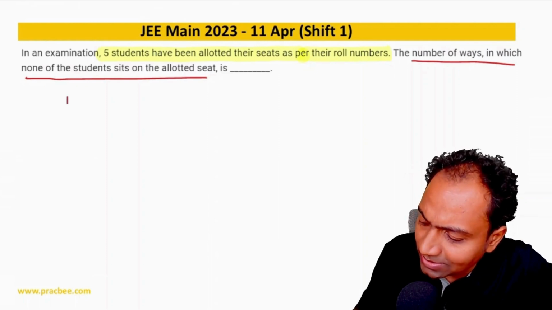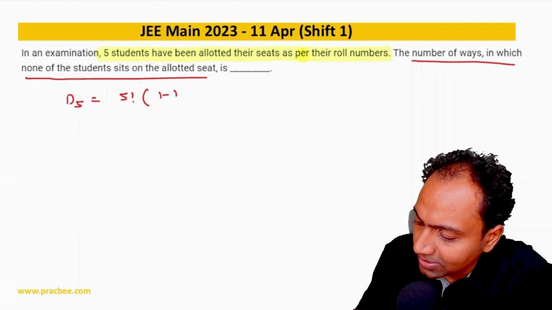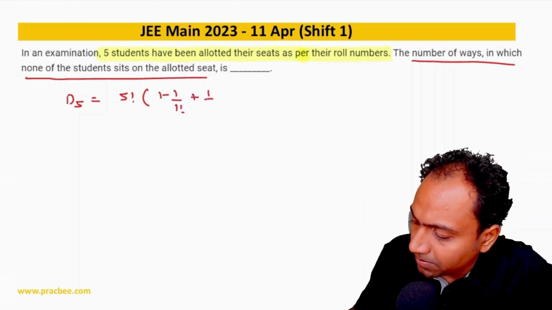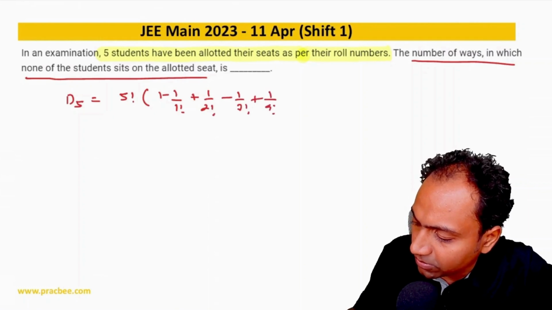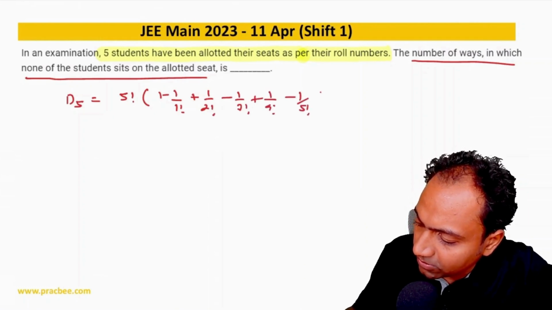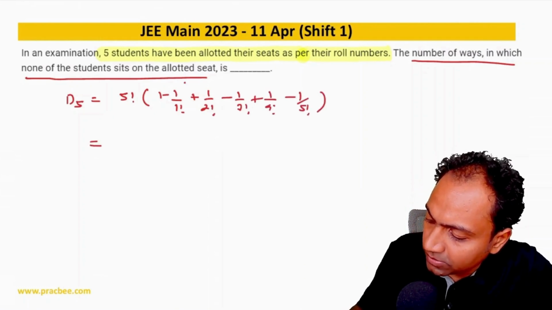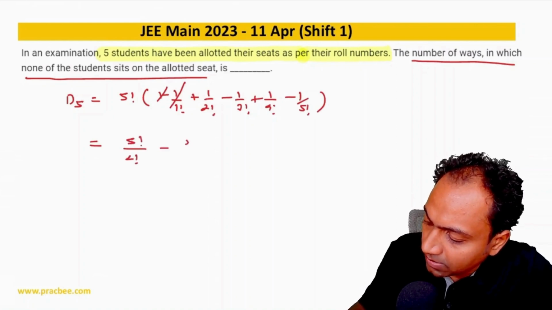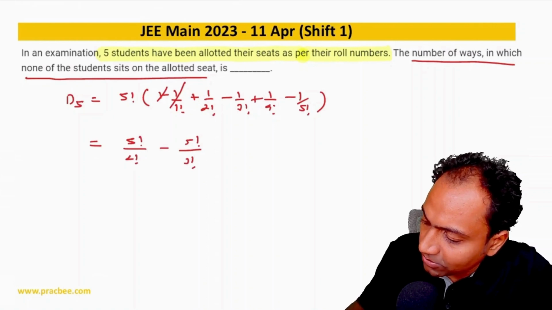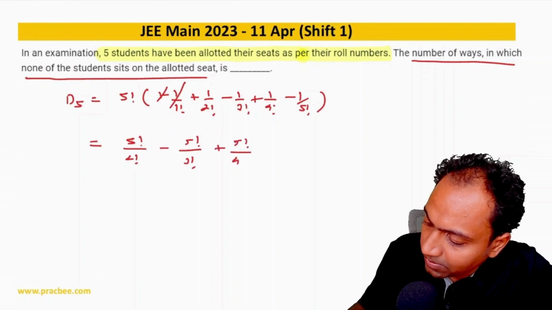So you can see that your answer is nothing but D5, and you put in the values, it becomes 5 factorial into 1 minus 1 by 1 factorial plus 1 by 2 factorial minus 1 by 3 factorial plus 1 by 4 factorial minus 1 by 5 factorial. If I simplify this, the first 2 terms get cancelled out. So it is 5 factorial by 2 factorial minus 5 factorial by 3 factorial plus 5 factorial by 4 factorial minus 5 factorial by 5 factorial.